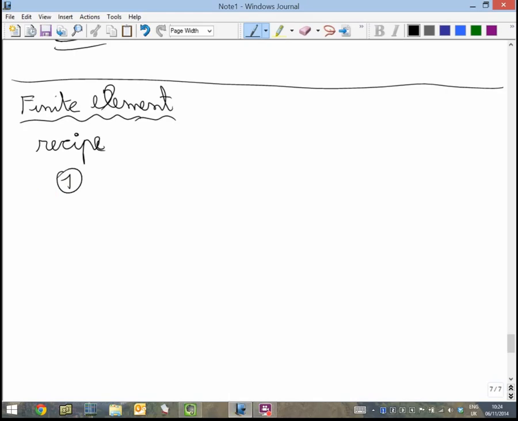Well, the first step is that we're going to have a structure, and we're going to divide that structure in substructures, and the substructures have a name which surprisingly is finite element. So they're called elements, very general term, and they're finite in size. So this is why somebody thought it would be a good idea to call them finite elements.